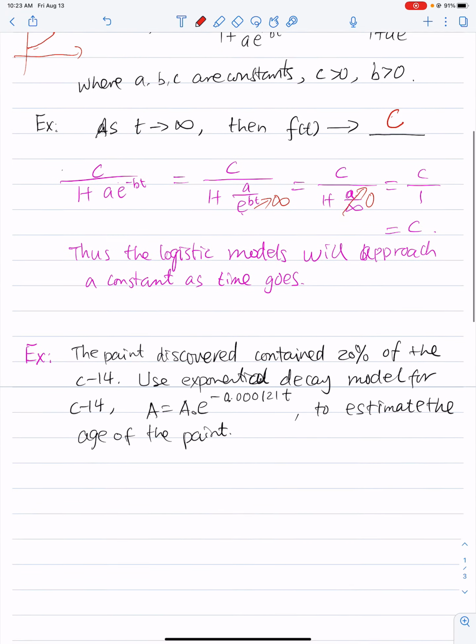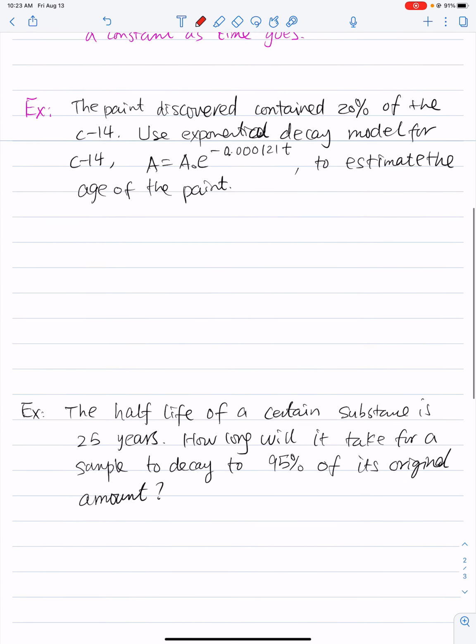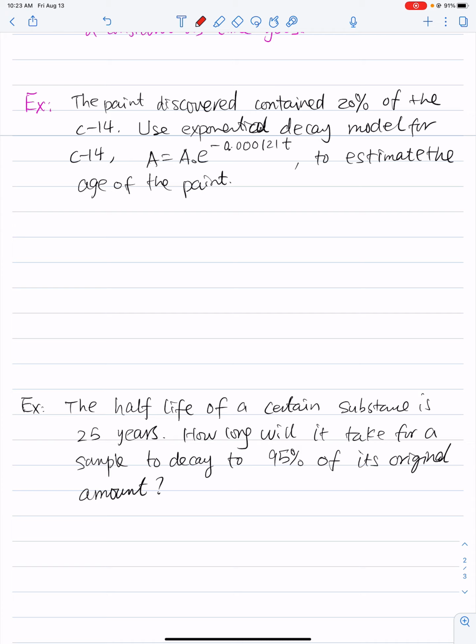Okay, so we wanted to look at two examples. A paint discovered from a long time ago contained 20% of the carbon-14. So we wanted to use the exponential decay model for carbon-14 to estimate the age of this paint. We know that A equals A0 e to the negative 0.0000121 t.